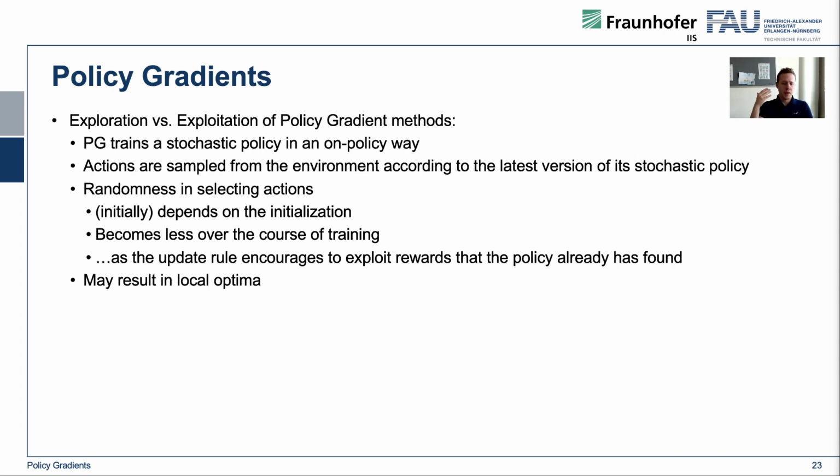If we have a large gradient update and we see an action once or twice that has performed very well, we increase this action in this state a lot, meaning that we will never explore other actions in this state again because the probability distribution becomes so sharp. And this may result in local optima from which we can hardly recover as we go through the iterations.